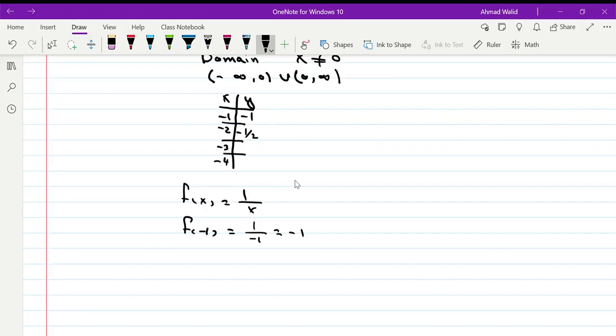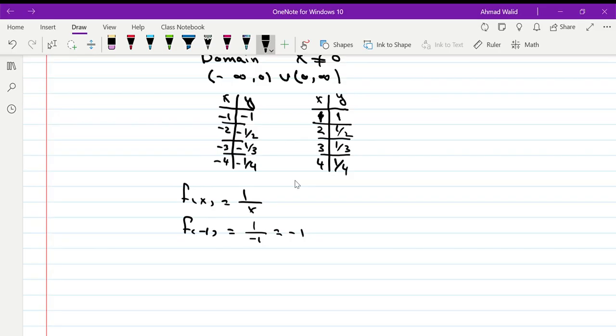Negative 3, negative 1/3. Negative 4, negative 1/4. And if I plug in a few numbers from 0 to infinity, for example 1, 2, 3, 4, of course the values will be 1, 1/2, 1/3, 1/4. Correct?